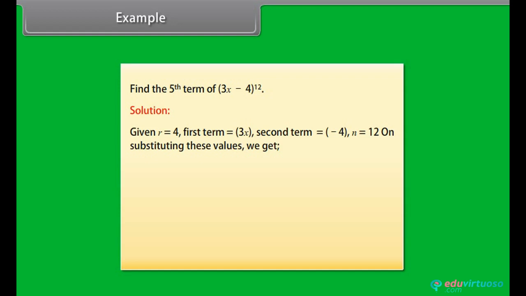On substituting these values, we get T5 is equal to 12c4 into 3x raised to the power 8 into minus 4 raised to the power 4. On solving, we get 83,140,9920 into x raised to power 8.